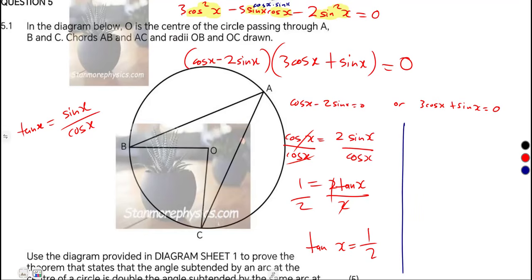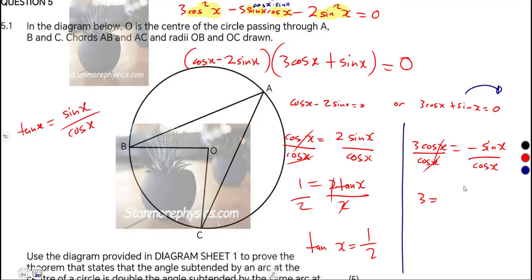All right. Another one, you do the same thing. We can take the sine to the other side. It's going to be a negative. So 3 cos x is equal to negative sine of x. So to have that tan, sine over cos, divide by cos here, by cos here.